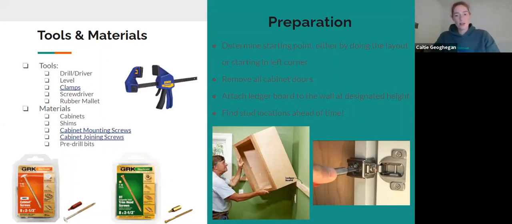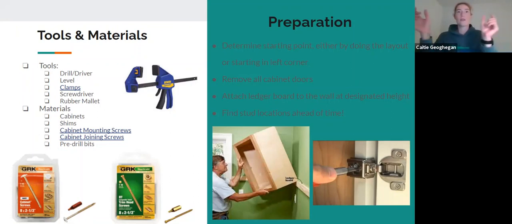If you're designing a layout, you want to make sure you have that figured out, and obviously you would, because you'd also have all the correct cabinets. So double check for that first, and then figure out where you're going to start. If we're just doing wall-to-wall cabinets, I default to starting in my left-hand corner.